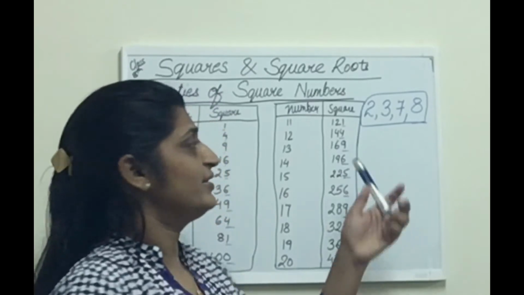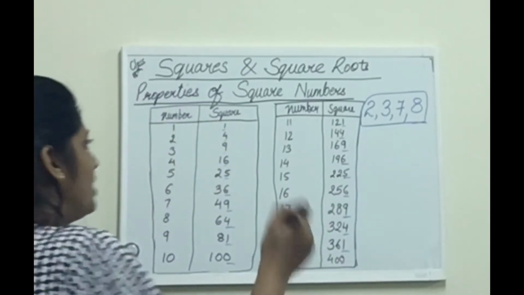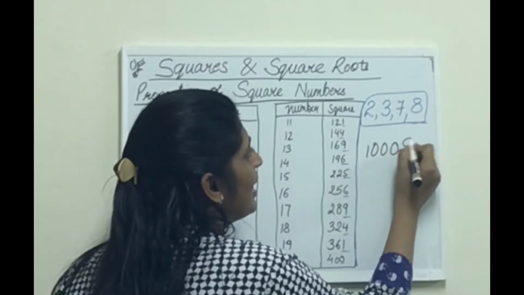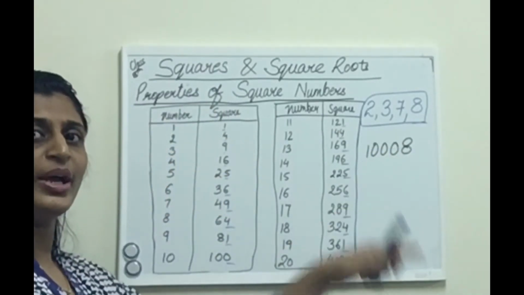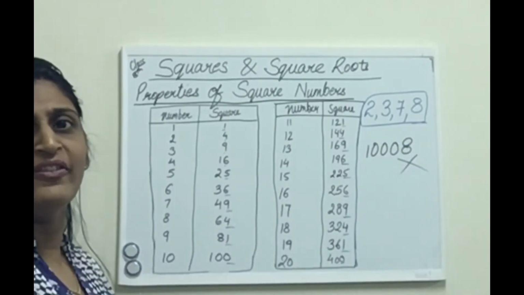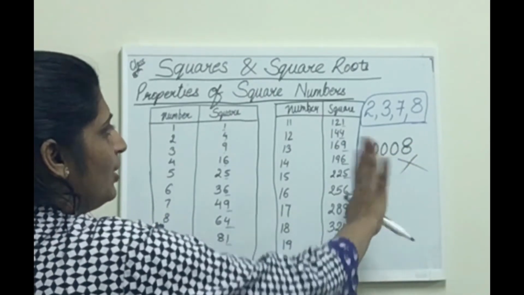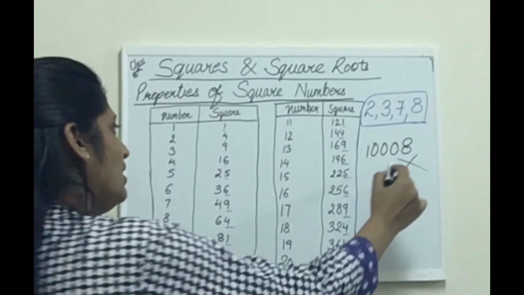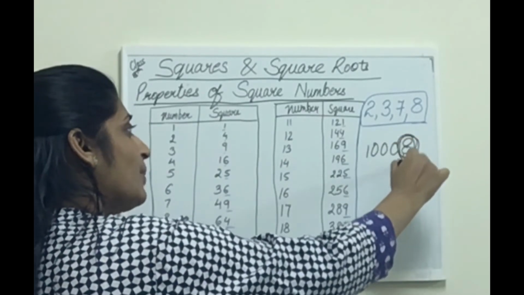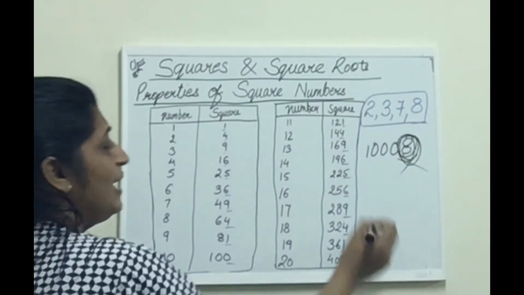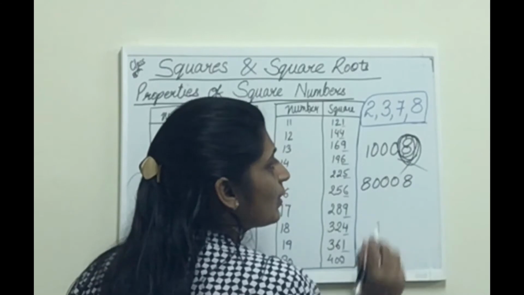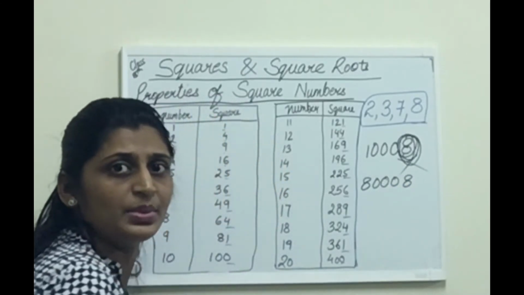Now, if a smart child is given any big number like this and asked whether it's a perfect square or not, he'll simply say no. In a fraction of time, you'll say no. Why no? Because you only need to look at the units place. If it has been like this, it is also not a perfect square number. Why?